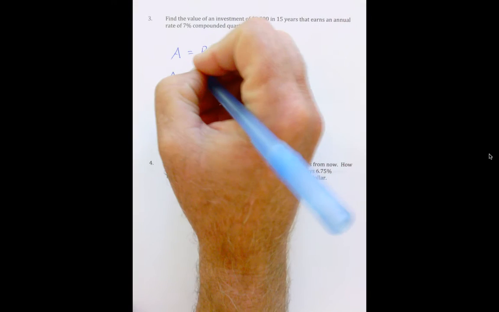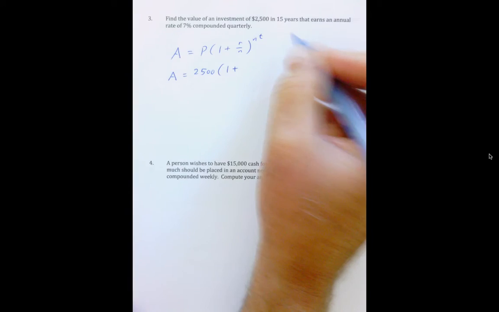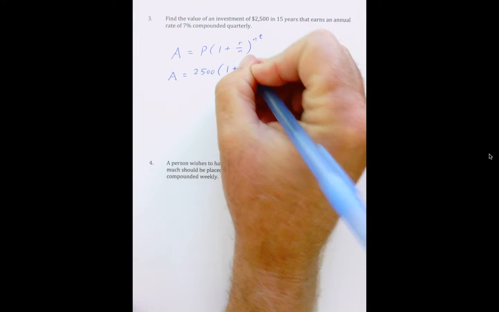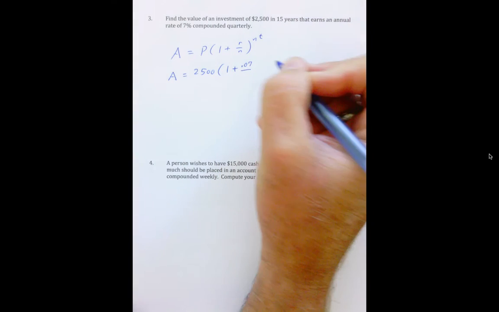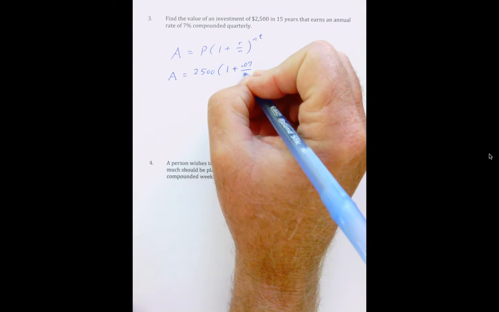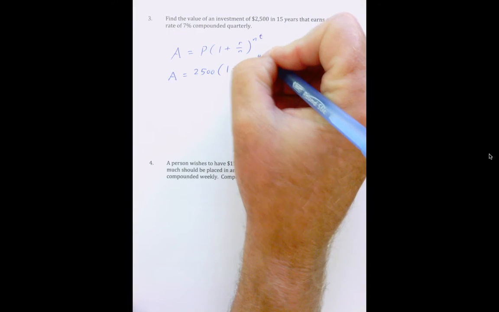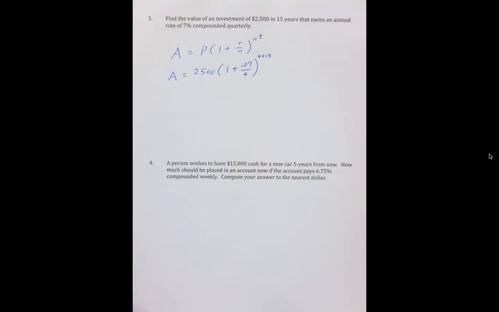We want to find the ending balance. We're investing $2,500. 1 plus a rate of 7%. Don't you ever use that 7. Use 0.07. Compounded quarterly. Says we have a 4 there. And we want it over 4 years, so that'll be 4 times 15.